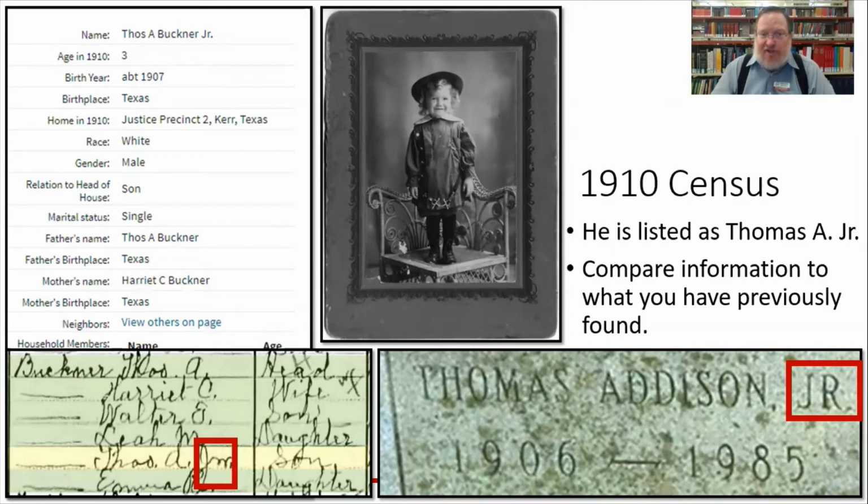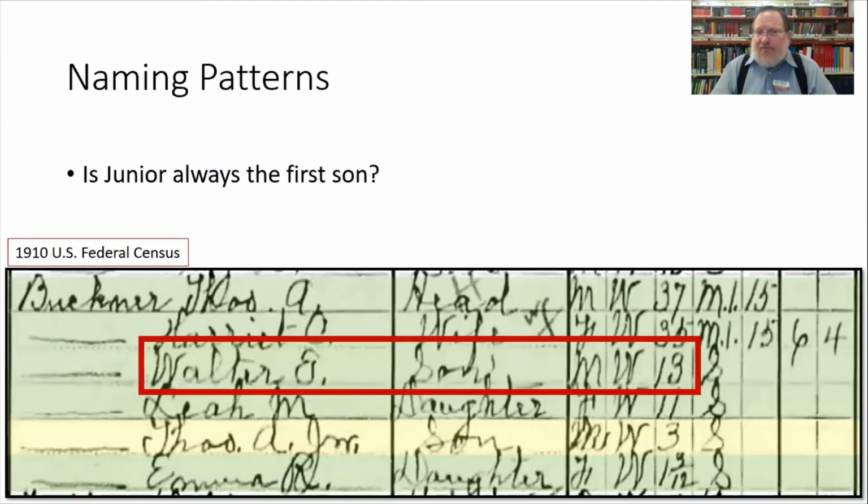Possibly a senior. Now, I want to point out that Thomas A. Jr. was not the oldest son. So you have to remember that the senior, junior, third, fourth, fifth, sixth, it's not always generational. It's not always in sequence of the first son of the person born.